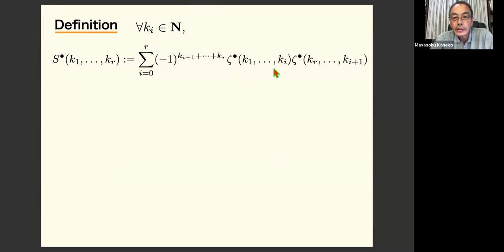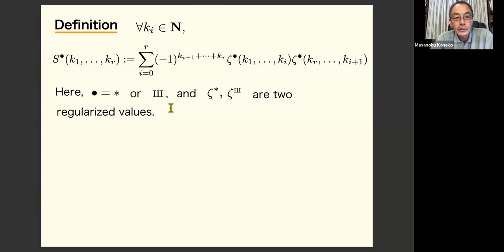The right-hand side is a sum of products of regularized MZVs with this sign. Here the bullet is either star or sha, and zeta-star or zeta-sha are the two regularized values. So if k_i is 1, this is divergent, so we need to regularize.